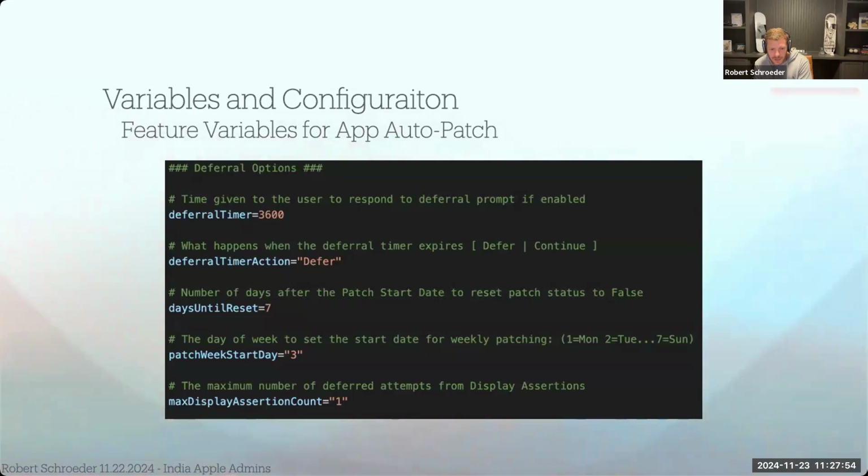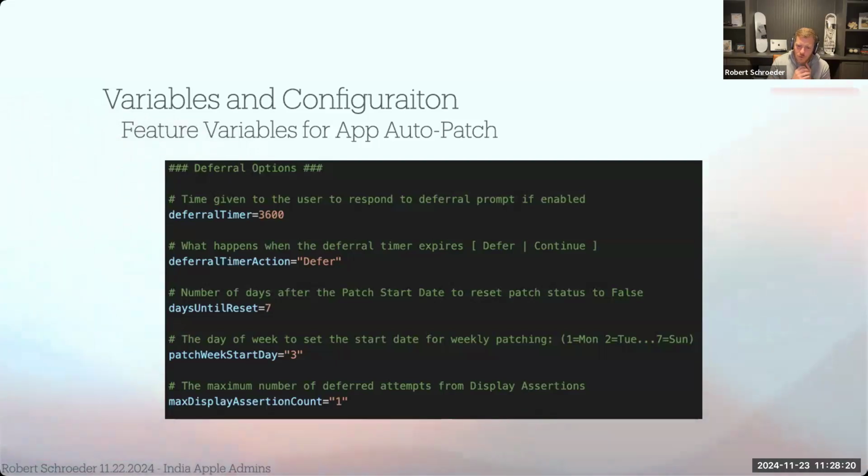So talking about the patch status, the patch status is a true/false flag indicating if the patching has been completed or not for the patching cadence. And the patch start date is the date that the patching cadence begins, which is set the first time that the script runs.